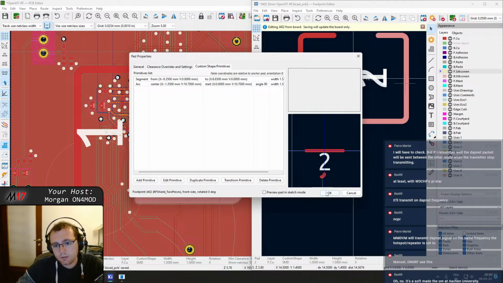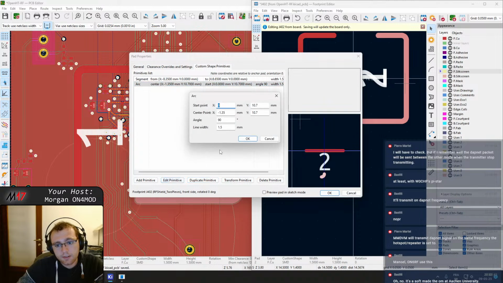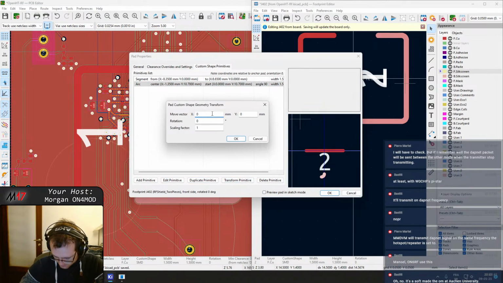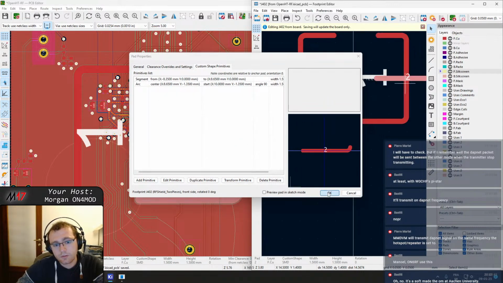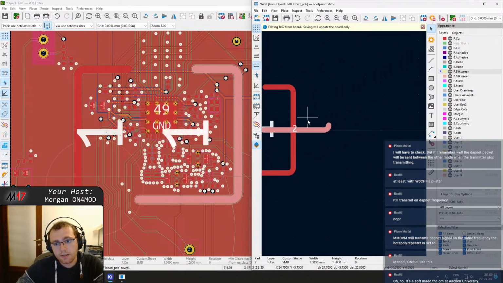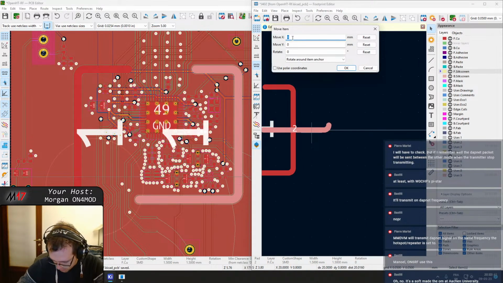And so now this, so I said transform X plus 10 and Y minus 12.05. But then we need to move exactly and then do the reverse.